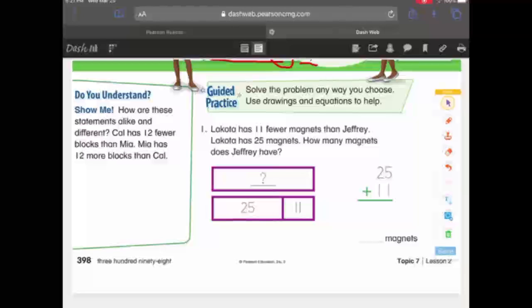Okay, let's think about the same question that we thought about in the visual learning problem. Who is going to have more magnets, right? In the last one, we talked about who had more blocks, and it was Nigel. In this problem, who is going to have more magnets?